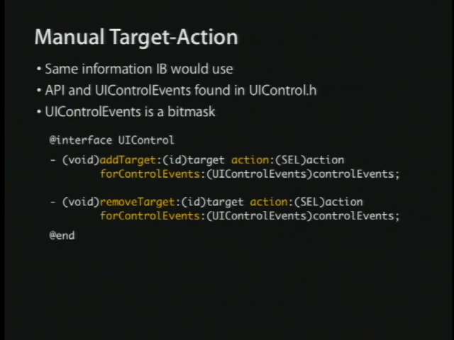I would tell that button addTarget with self, the controller, action is, let's say, @selector(increase), and for control events, UIControlEventTouchUpInside, which means when the user lifts their finger, that's when I want to perform the increase action. And if you've set one up and you want to remove that action, there's a matched removeTarget:action:forControlEvents.